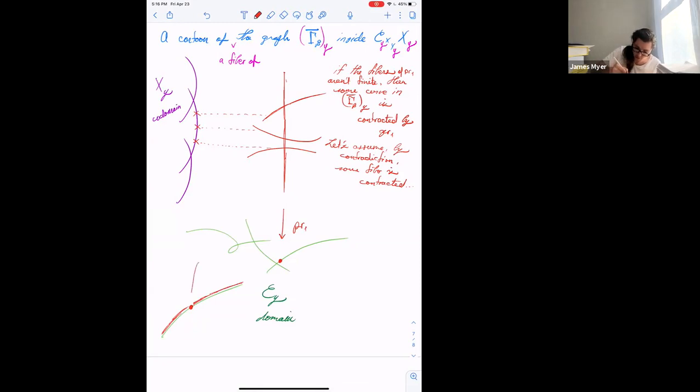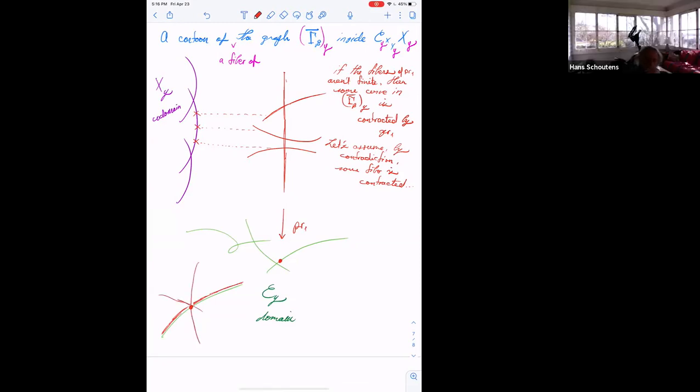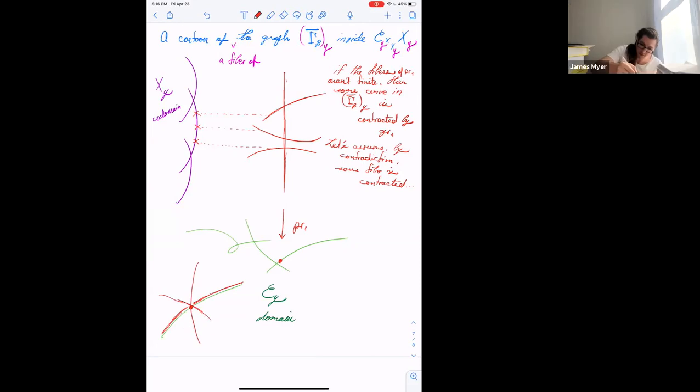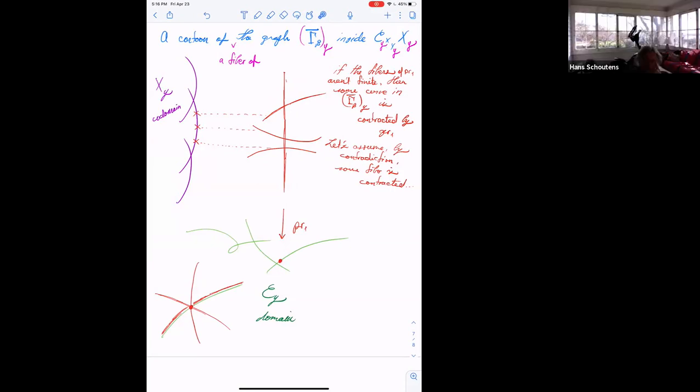Does that make sense? Thanks, Hans. What if this thing gets sent onto this thing? Exactly. What if this gets mapped isomorphically onto this? Then you would need these two things to help out, or else you wouldn't have enough crossings. Is that okay?